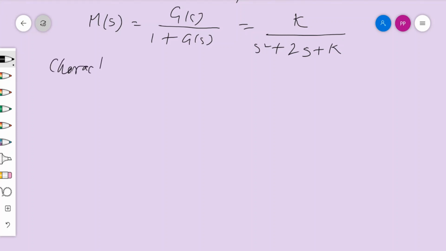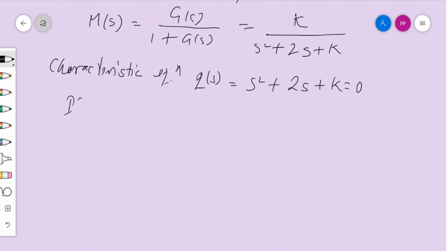So let us see the characteristic equation Q(s) equal to s square plus 2s plus k, as we all know. So here, if the value of k is greater than 0, naturally the roots of Q(s) are negative, which we will check exactly by mathematics after some time.